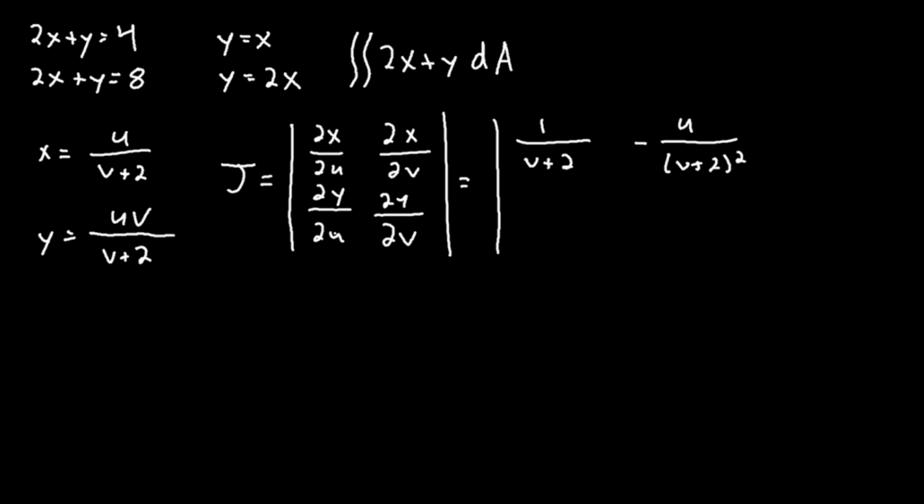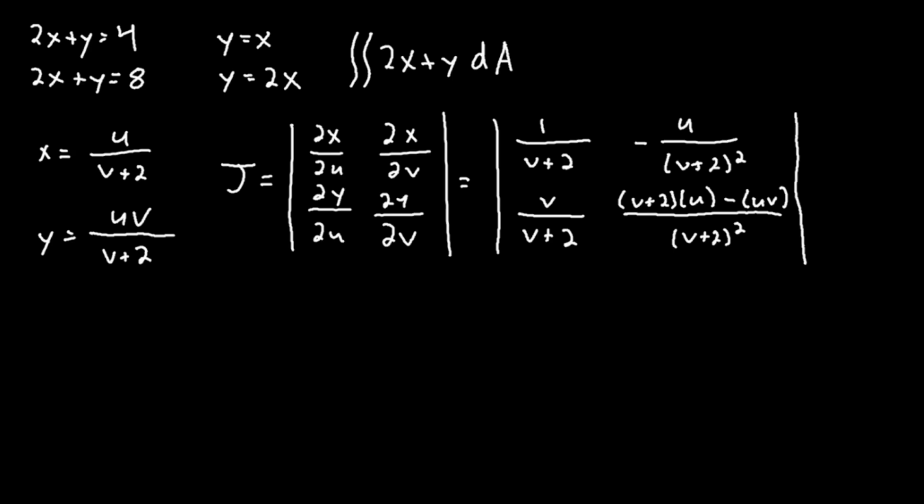The partial of y with respect to u is v over v plus 2, and we use the quotient rule for this last one, and you get something along the lines of negative uv over v plus 2 squared.